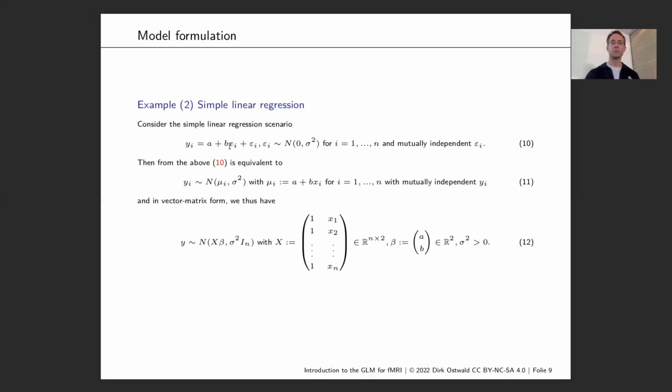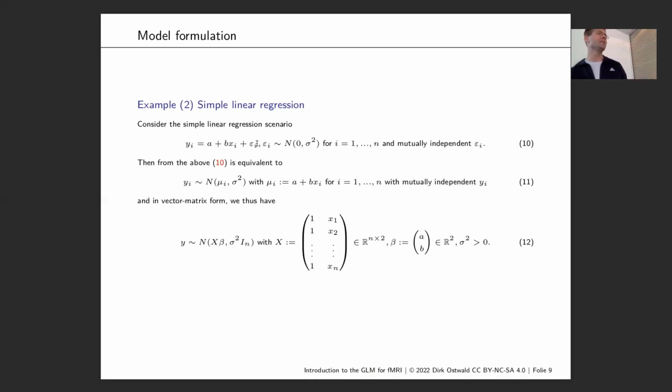If one looks at this, one also doesn't have the problem with the vectors. So here the xi would be the values of the independent variable, the yi would be the values of the dependent variable, and you have a slope parameter that scales the values of the independent variable, you add to it an offset parameter, and then under the GLM, you assume that there is additive Gaussian noise.